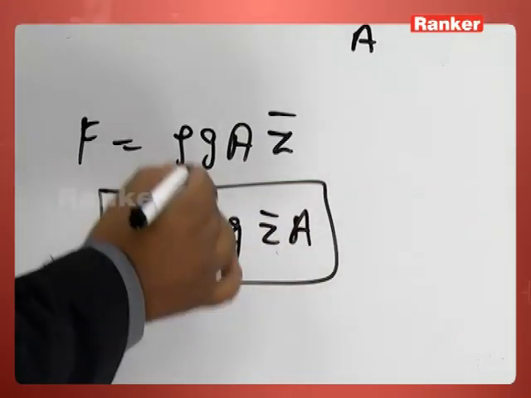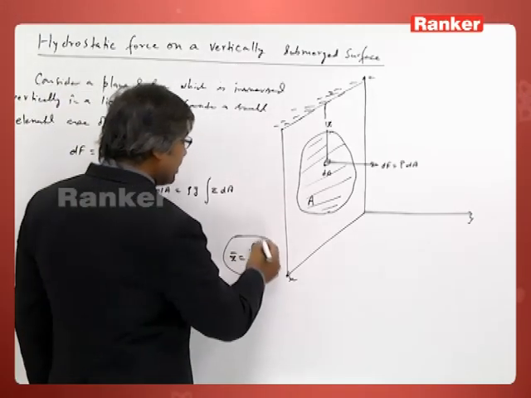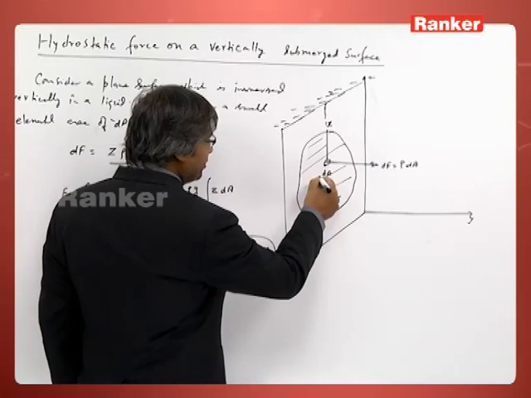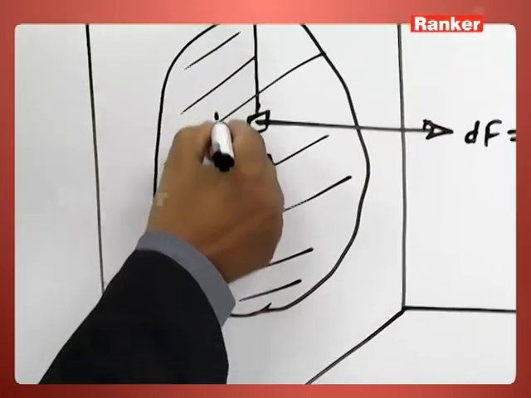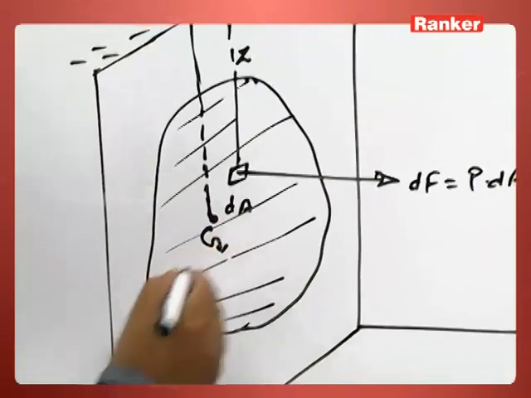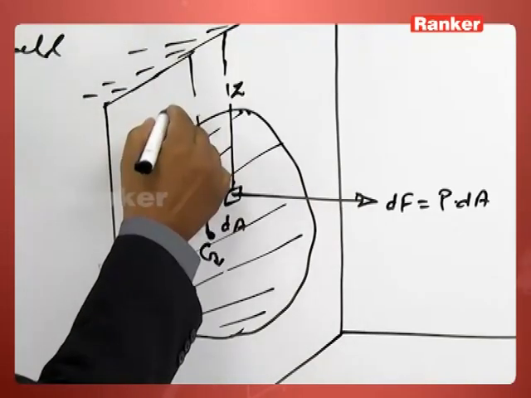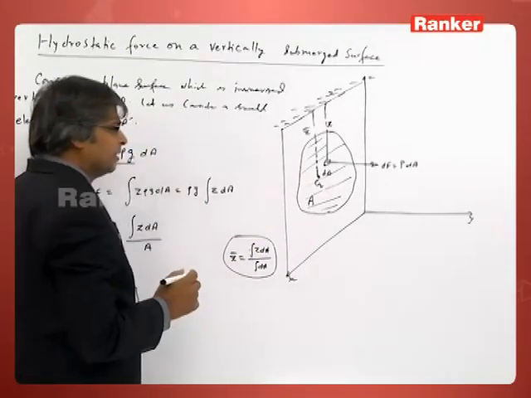This is the force. So now you see, suppose Z bar is a point here. The Z bar means this is the center of gravity. I denote it by G, and the distance from the top surface is Z bar.